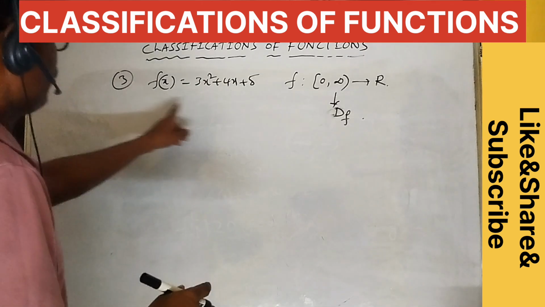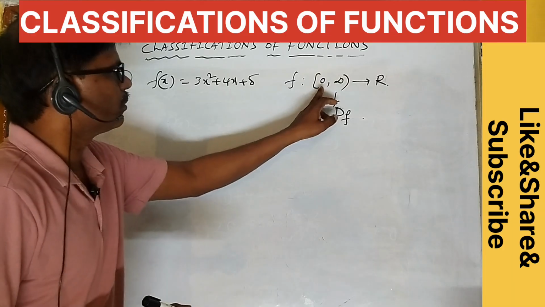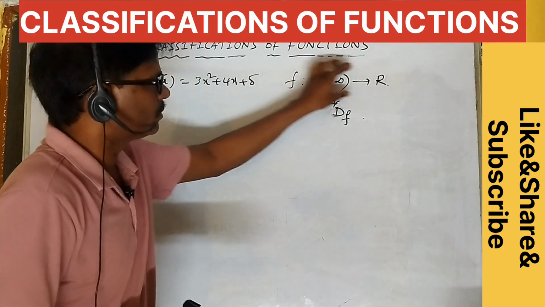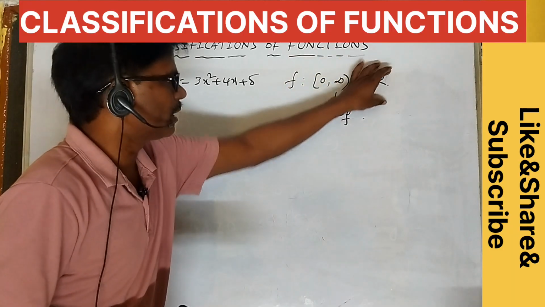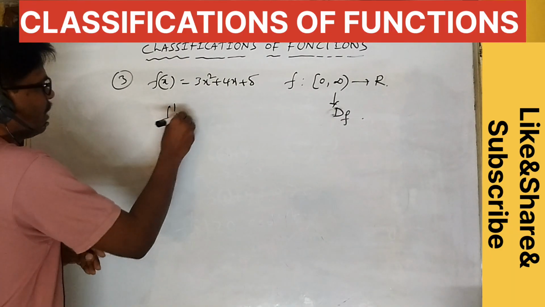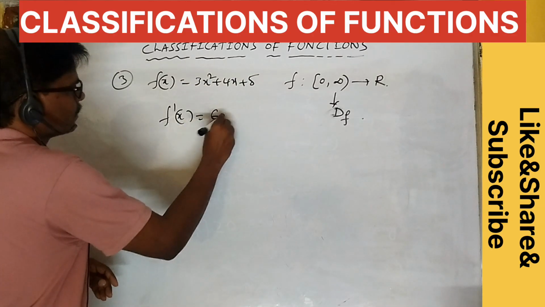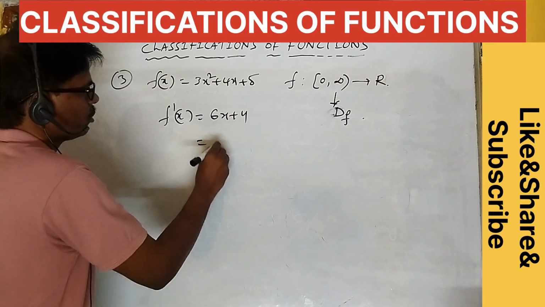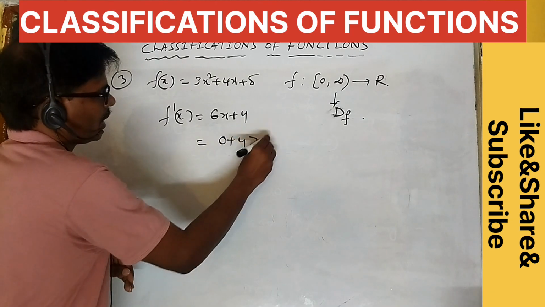Okay, understand. Question number 3: f maps the closed interval [0, infinity) to R. This is the domain and this is the range. Substitute the domain values into f'(x) equal to 6x + 4. Domain value 0 gives 0 plus 4, greater than or equal to 0.